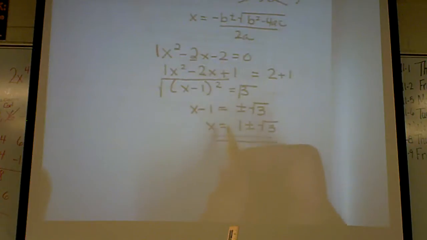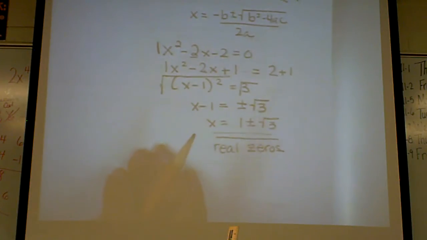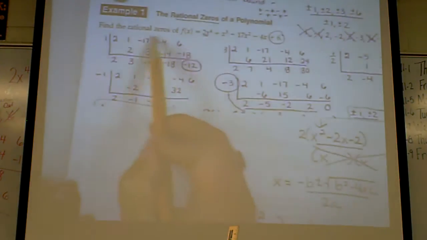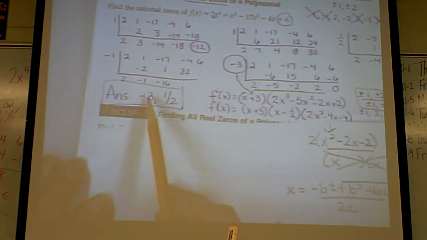They are irrational. So these are real zeros. When they're not real, you'll have a negative under the radical. So to answer question 1, it says, find all the rational zeros. Your answer is only negative 3 and 1/2.